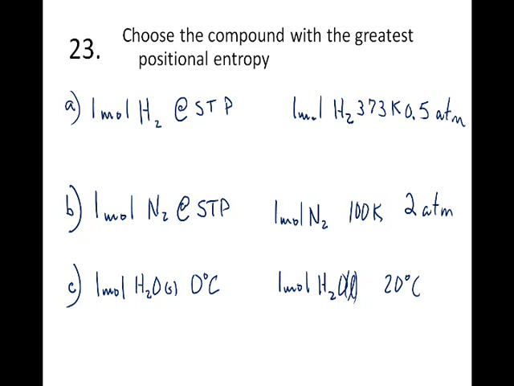In problem number 23, the problem is asking you to choose between these pairs which of them has the greatest entropy, the most disorganization. Now remember, entropy is the amount of energy that goes into a material from the time it starts out at 0 degrees Kelvin up to whatever temperature it is at.